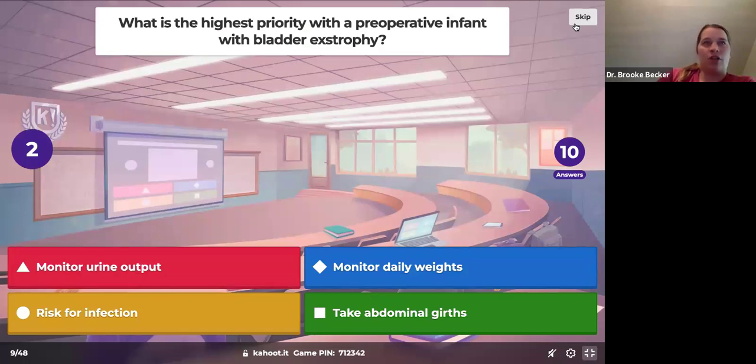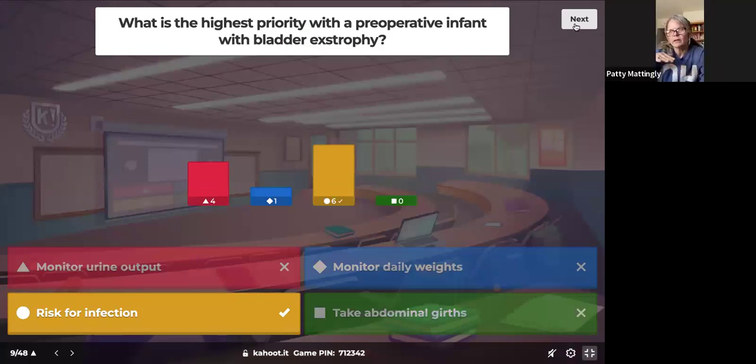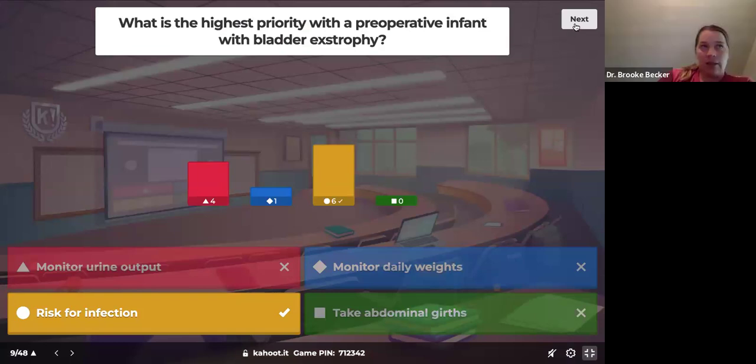Yes, risk for infection. What's bladder exstrophy? Remember? It's when the baby's born, the bladder is on the outside. Yep, instead of being within the abdomen, it's outside the abdomen. So your biggest concern would be that bladder or that tissue becoming infected. Okay, good.